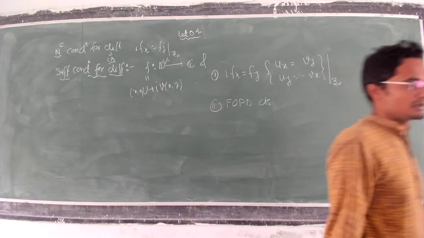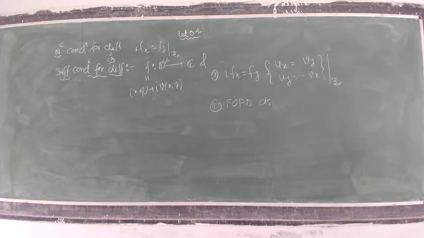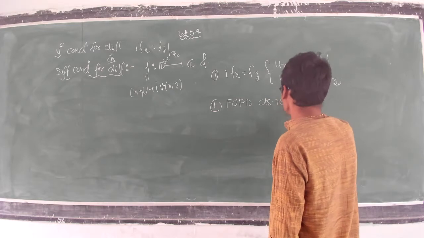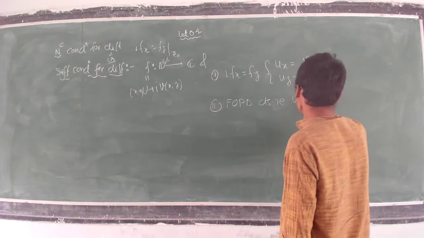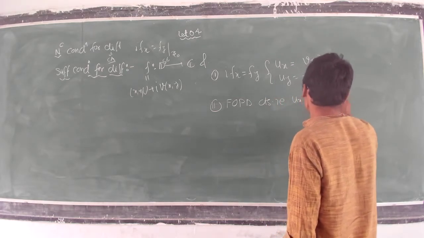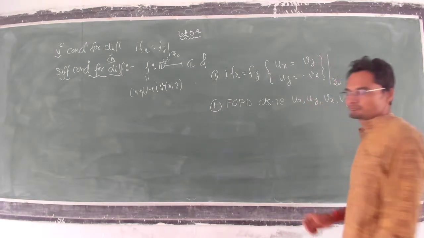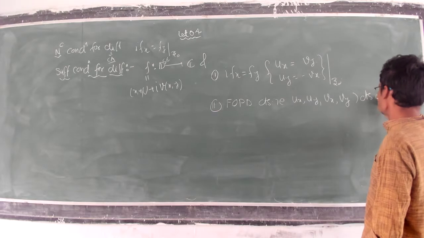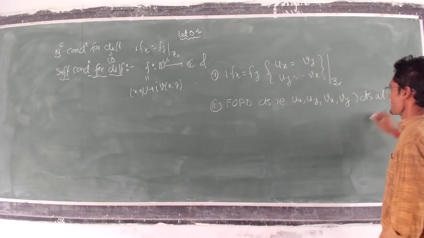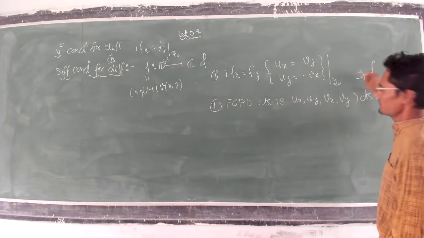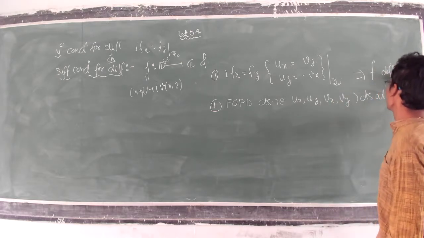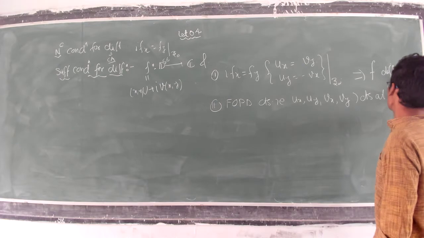The first order partial derivatives are ux, uy, vx and vy. These must be continuous at z naught. Then your function f will be differentiable at z naught.